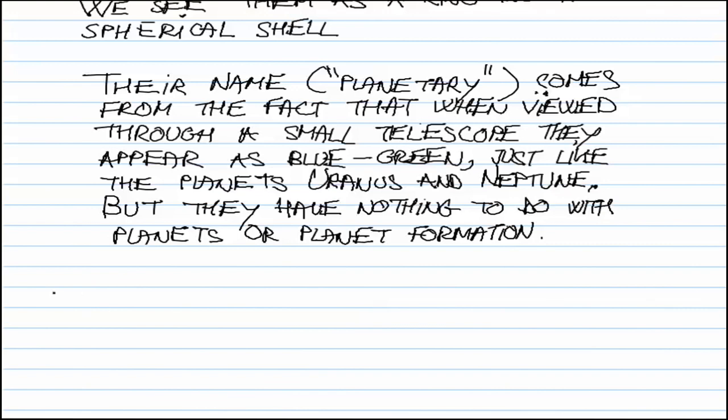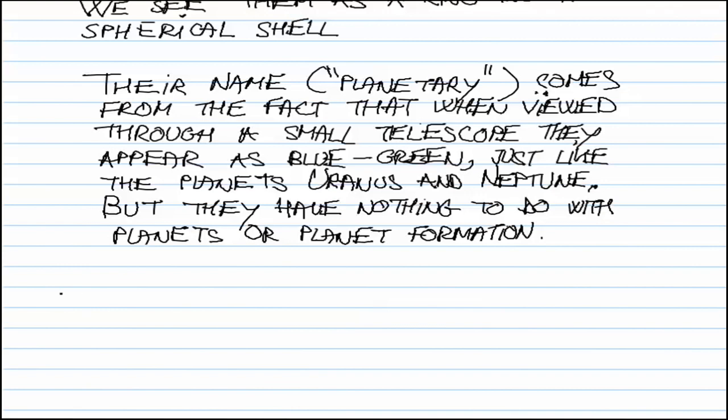But if you use a small telescope like the ones that people used in early days, when you look at them, they appear to have bluish-green color, the same color as the color of planets Uranus and Neptune, and hence the name planetary nebula.